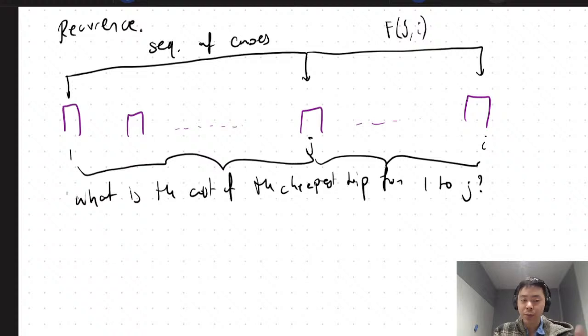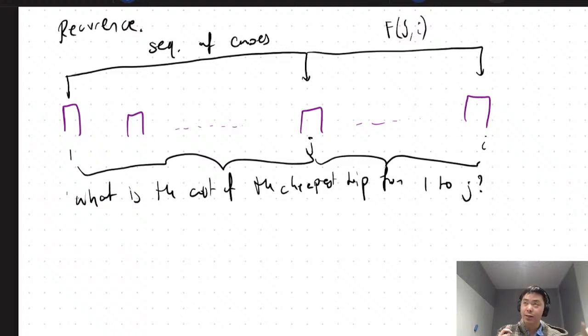Well, okay, so we want to go from 1 to i. That's our subproblem that we want to solve. But what we can do is go from 1 to j using a sequence of canoes, and then go from j straight to i, renting a canoe to go from j to i. So we want to find the cheapest trip via canoe renting from 1 to j, and then we add on the fee to go from j to i. Does that make sense?